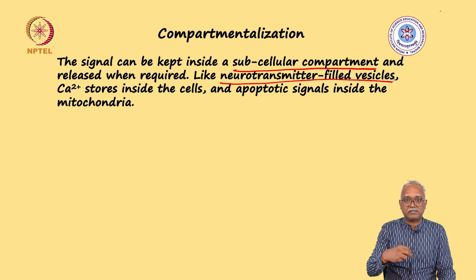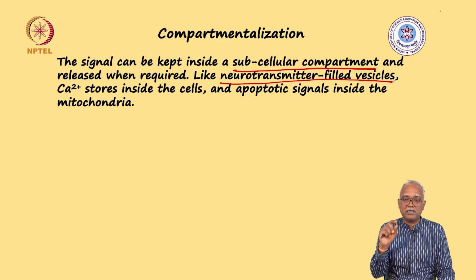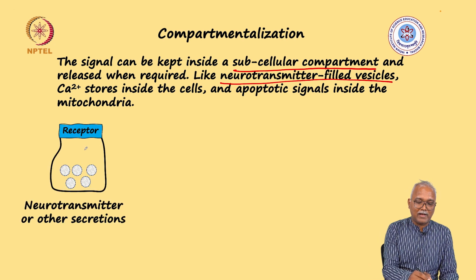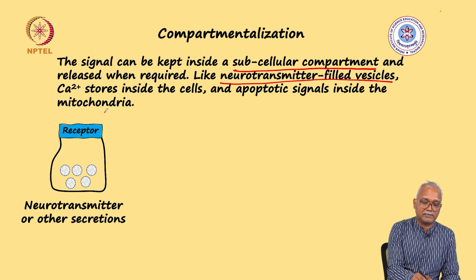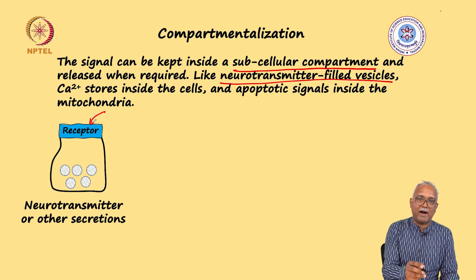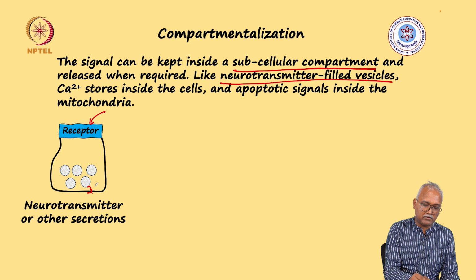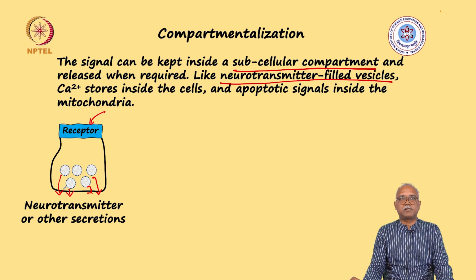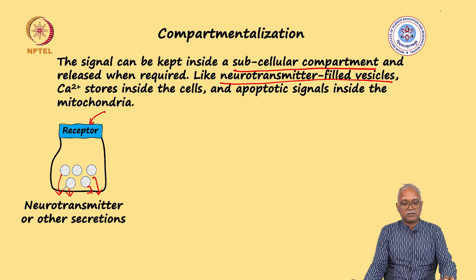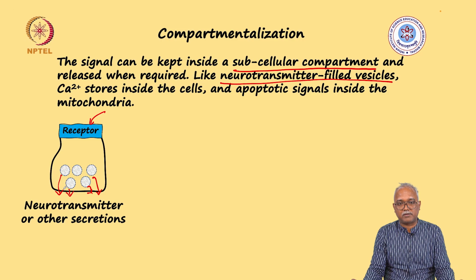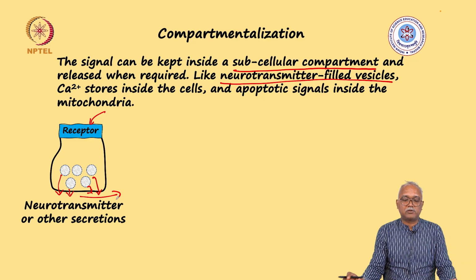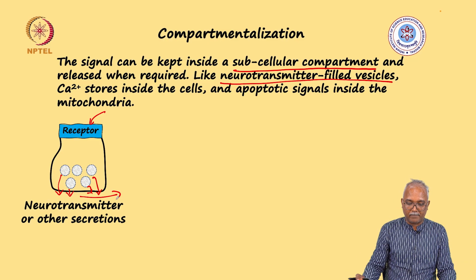Only when an action potential arrives, that is the signal for these vesicles to fuse, and thus once the receptor is activated or binds to the desired molecule, this vesicle fusion will happen and neurotransmitter release will happen. Otherwise, this vesicle filled with neurotransmitter will be kept away from this active region where receptors for this neurotransmitter are waiting to do the job.